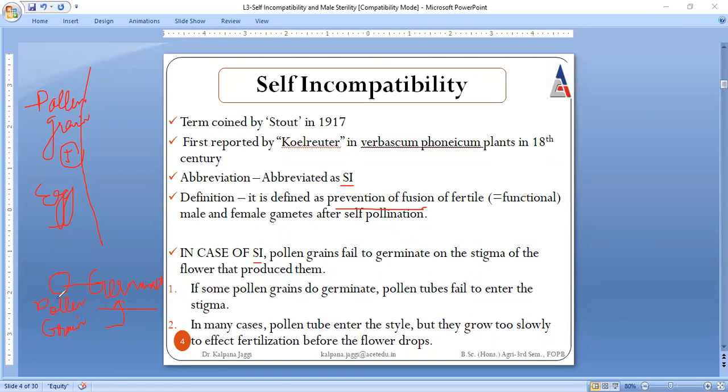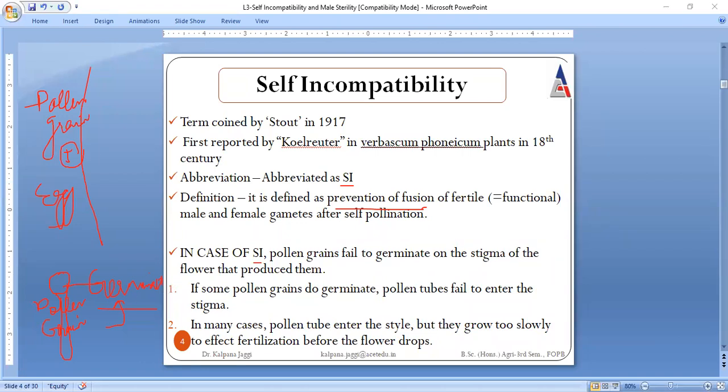The pollen grain forms a pollen tube. The pollen grain is germinating, that is good, but this pollen tube is no more capable of entering into the stigma. That means there is a certain barrier that is preventing the fusion of the two. This is one case of why self-incompatibility takes place.